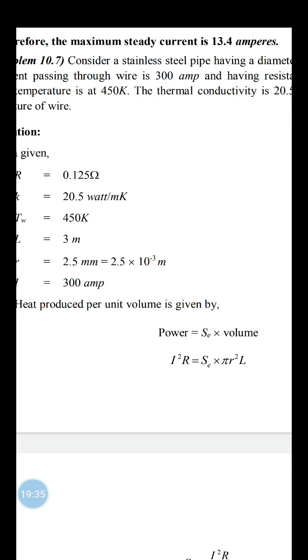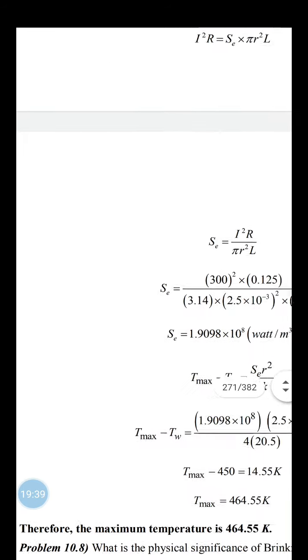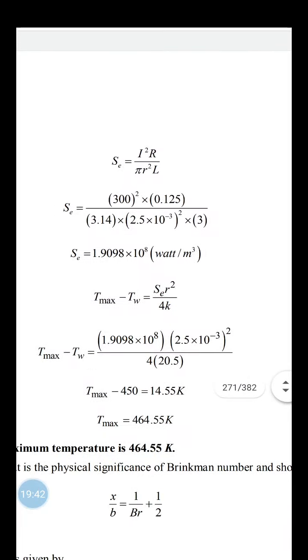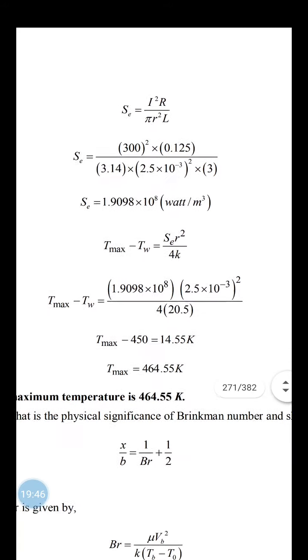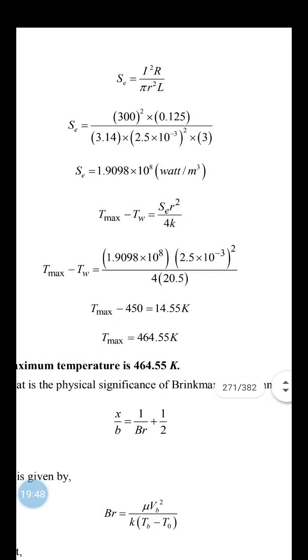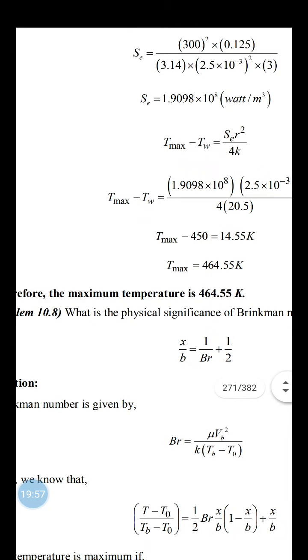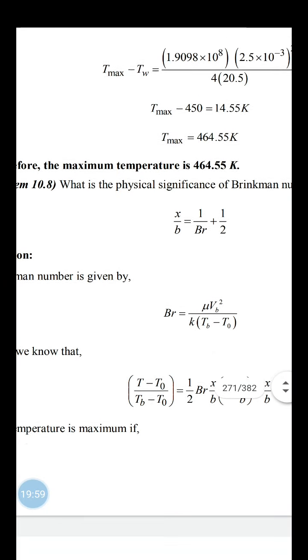It will be pi R square into the length L. So from this you can find out the rate of heat production per unit volume, watt per centimeter cube. Once you find that, you can use the simple equation that we studied: Tmax minus Tw is equal to Se R square by 4k. You can again find out the maximum temperature.